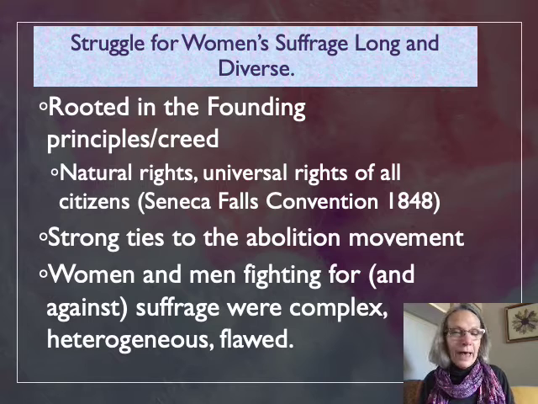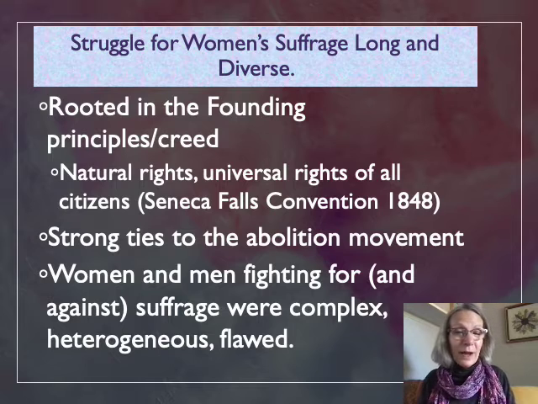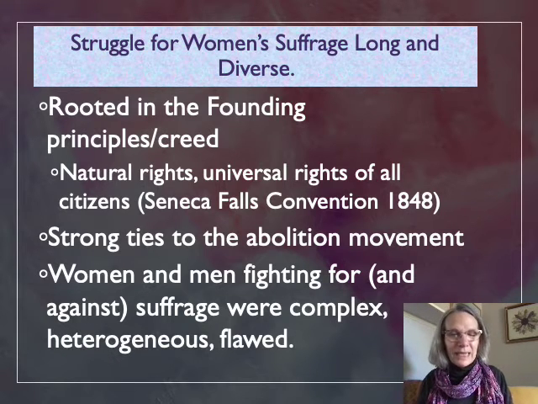They are not a homogeneous group. They're a heterogeneous group. Men and women fought for the right to vote. Men and women fought against the right to vote for women. These were people who are white and Black and rich and poor. And so you see this complexity in this group.